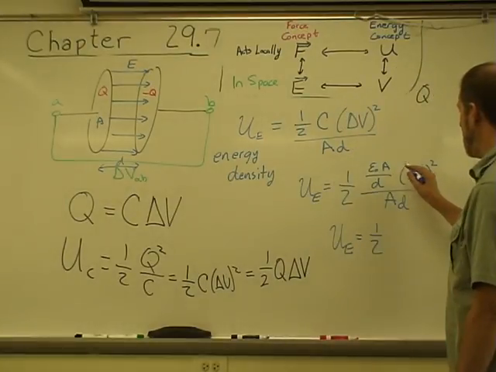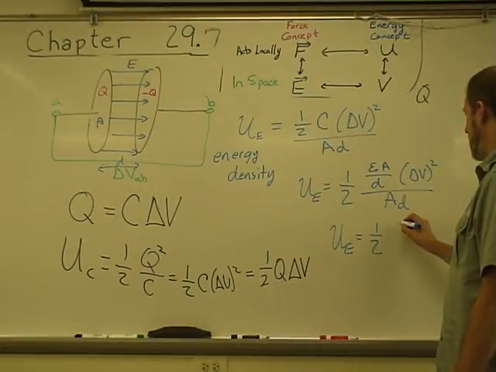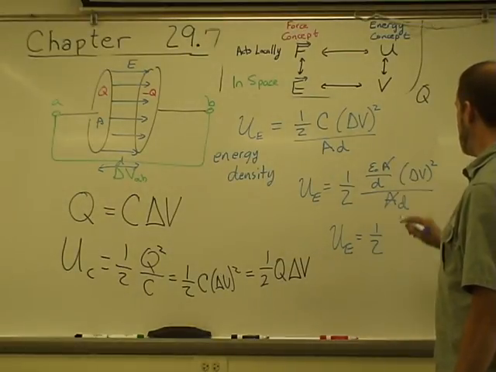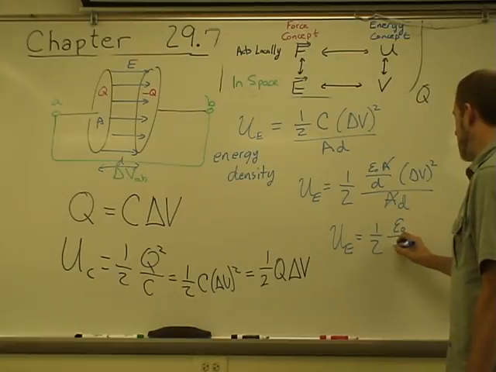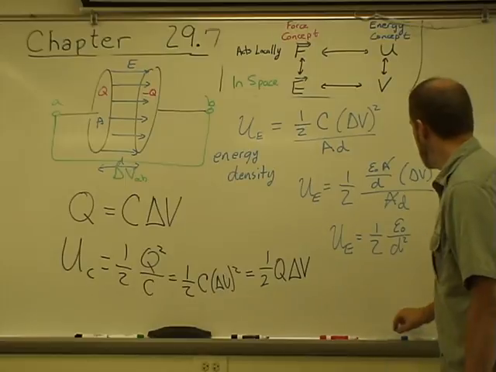The A cancels out. We get 1/2 epsilon naught over D squared, times delta V squared.